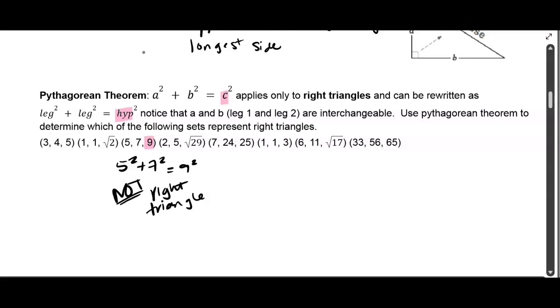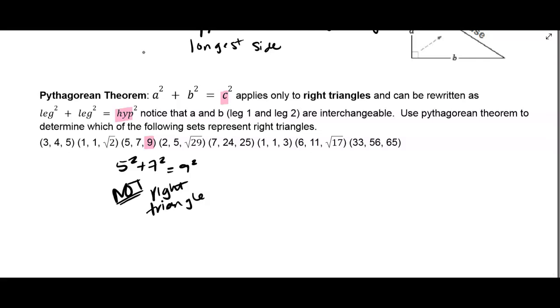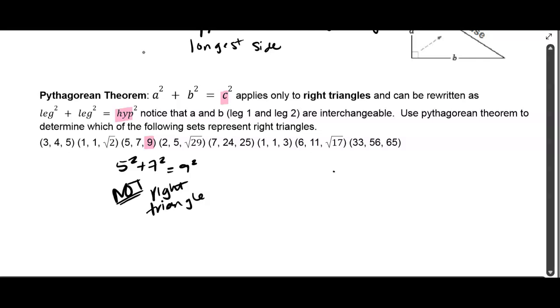So let's say I want to try this one right here. 33 squared plus 56 squared equals 65 squared.